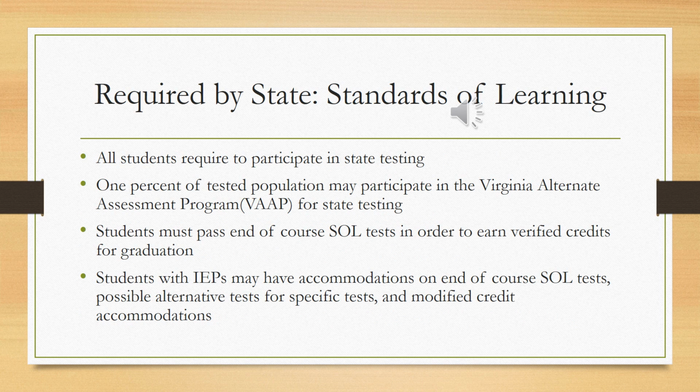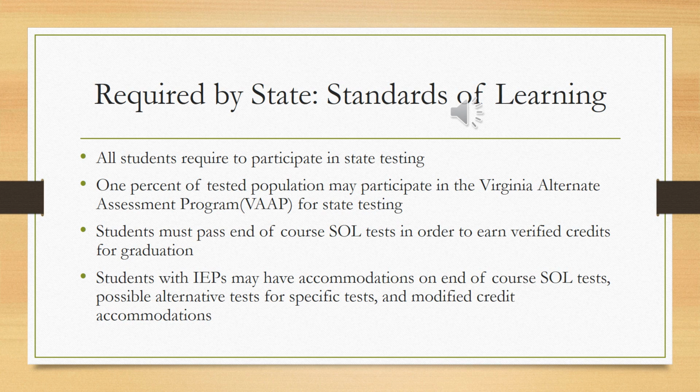All students are required to participate in state testing. For high school students, the state test is the Standards of Learning End of Course test. 1% of the tested population may participate in the Virginia Alternate Assessment Program if they meet the criteria. This test is reserved for students with significant cognitive impairments who require a modified curriculum.